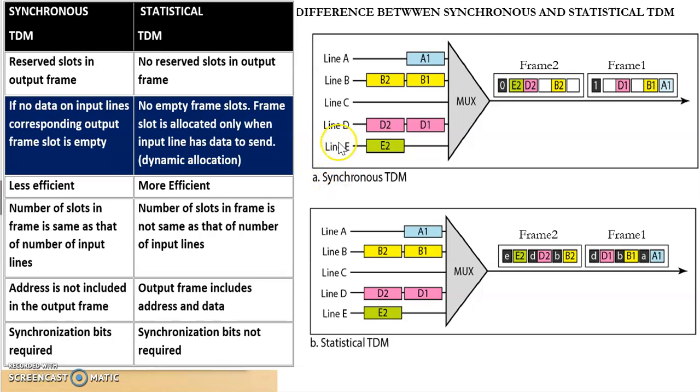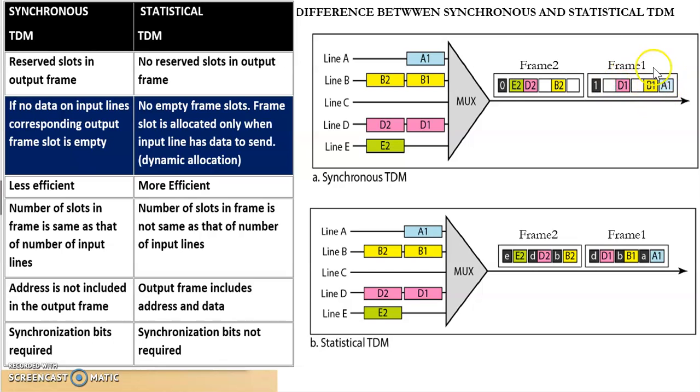So in this figure for synchronous time division multiplexing, we can see that line C has no data unit to send. Similarly, line A has no data unit to send for the second time duration. Similarly, line E has no data unit to send for the first time duration. So for the first time duration, these data units will be sent as frame 1.